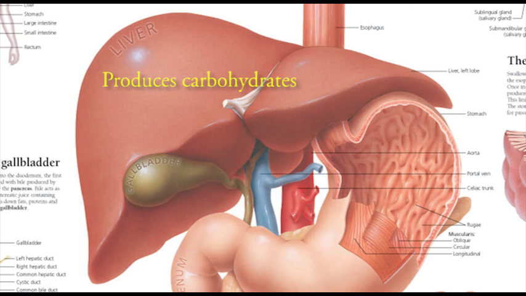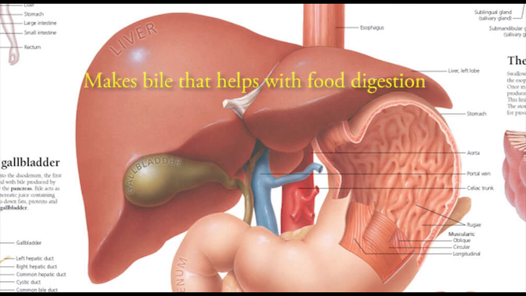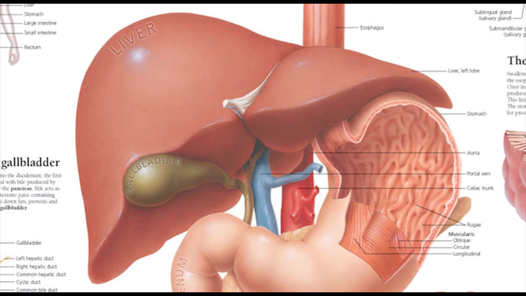It produces also carbohydrates. It makes bile, we have seen that previously, and it stores vitamins like vitamin B12, folic acid, iron, vitamin A, and vitamin D.